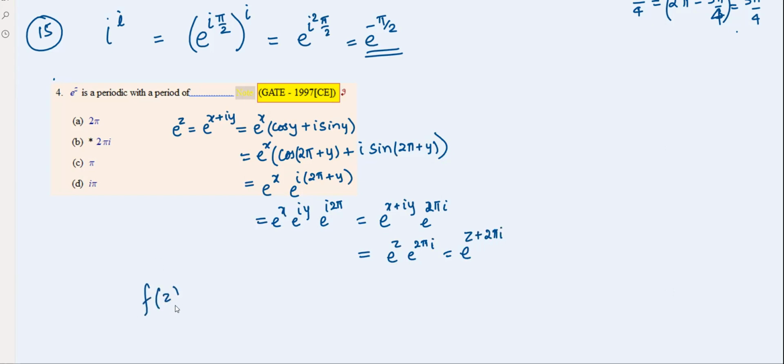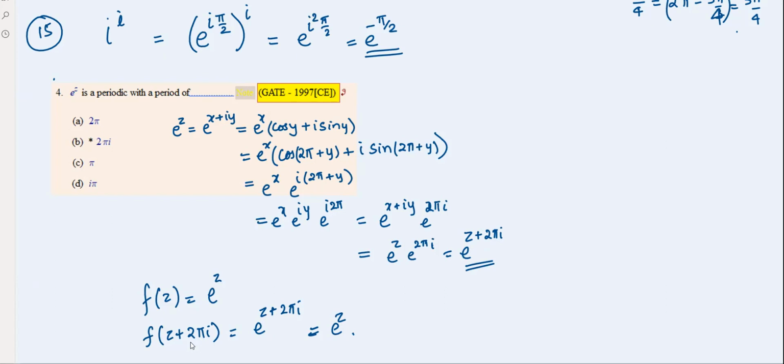So f of z is e power z. Now f of z plus 2 pi i is also e power z times 1, because e power z plus 2 pi i is equal to e power z.